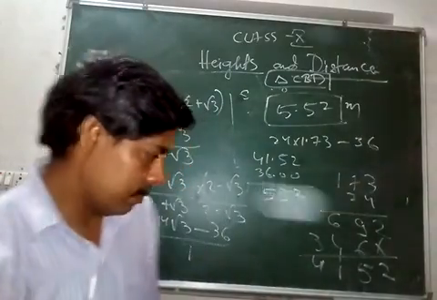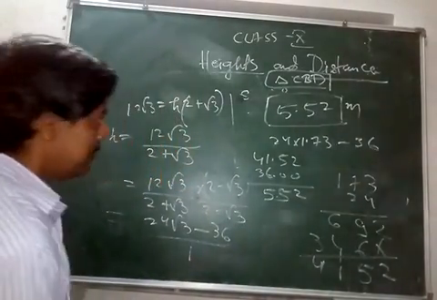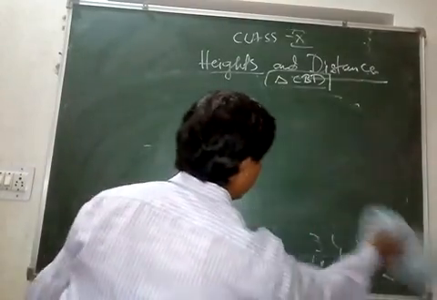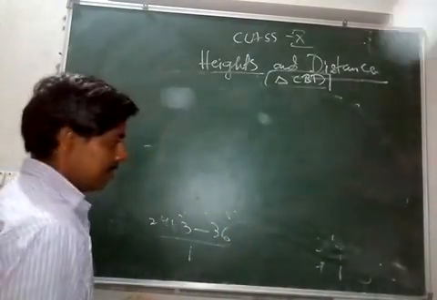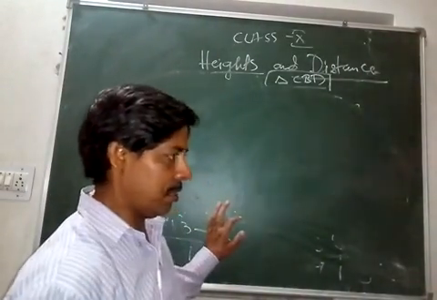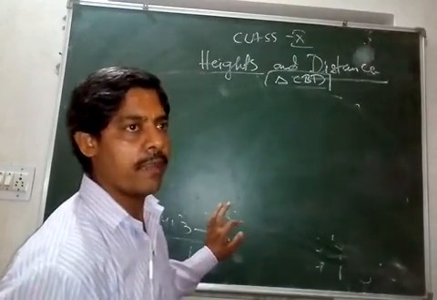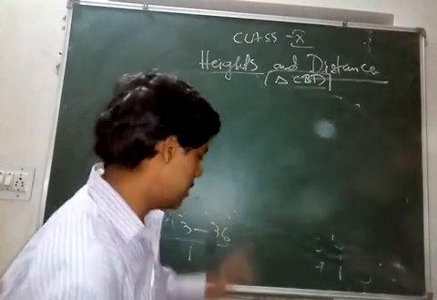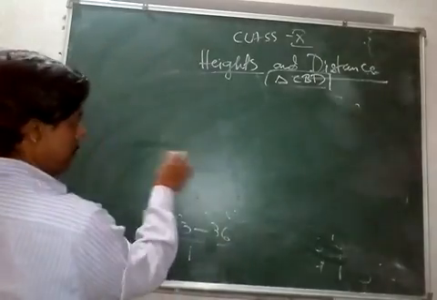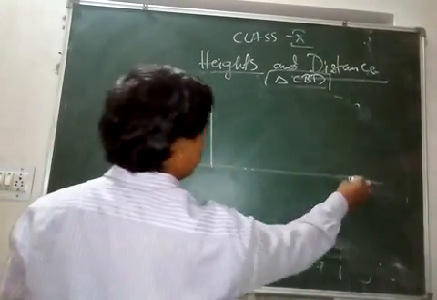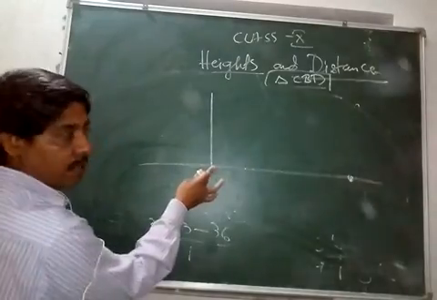Okay, so what is happening? We can understand it like this, that there is, suppose, a road, okay, and somewhere on the road we have this tower here. So let us understand this. Suppose this is the road, this is the tower, a car is approaching from here towards the tower.